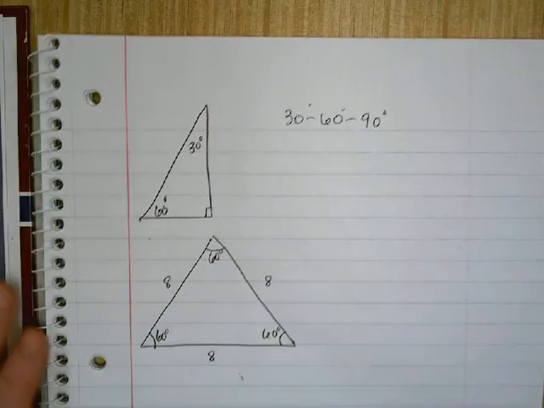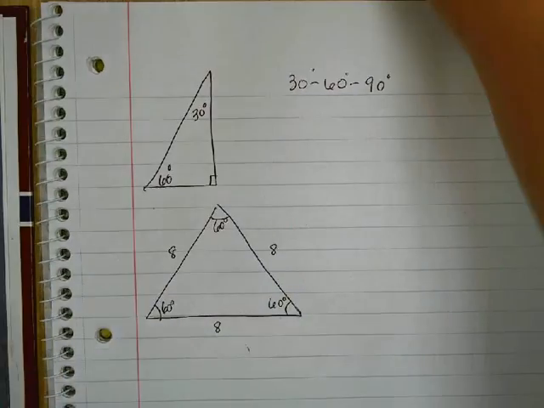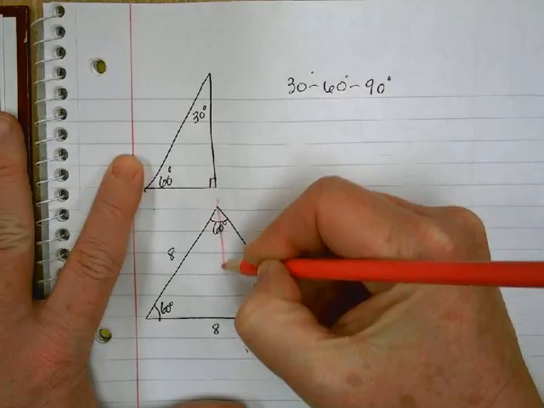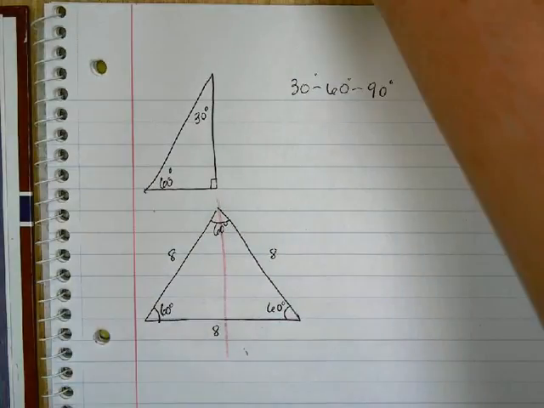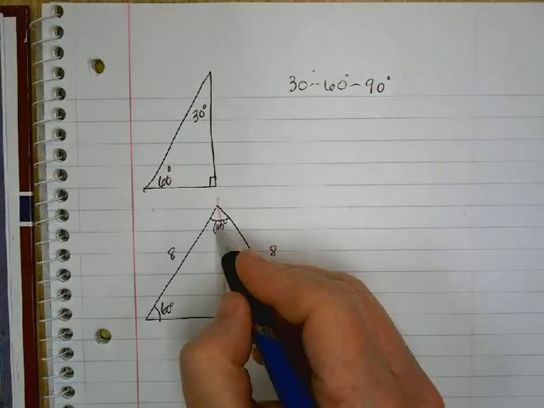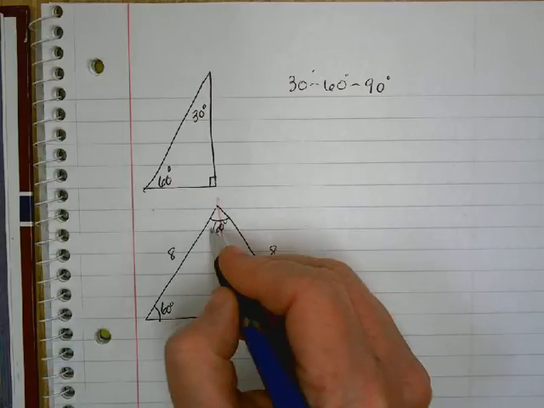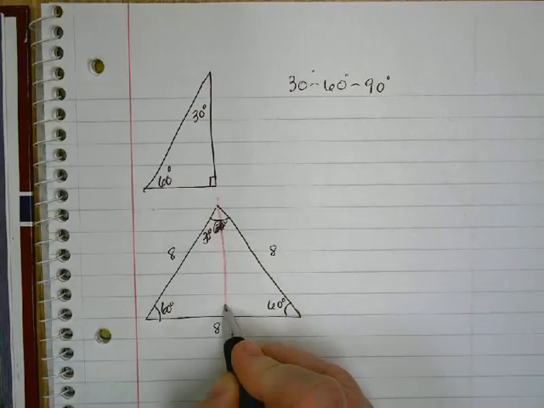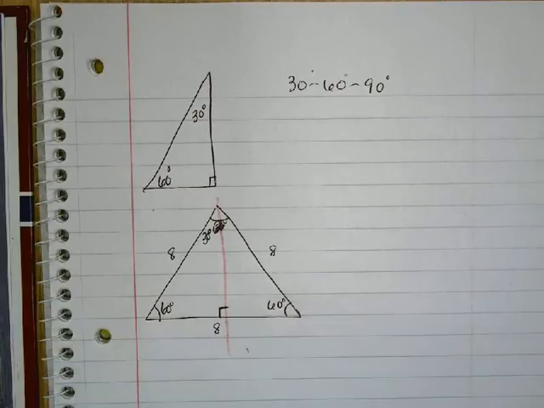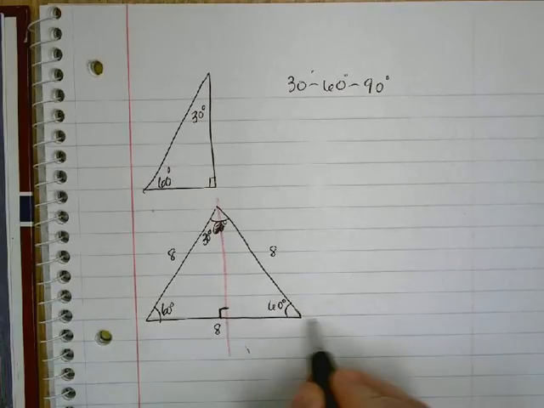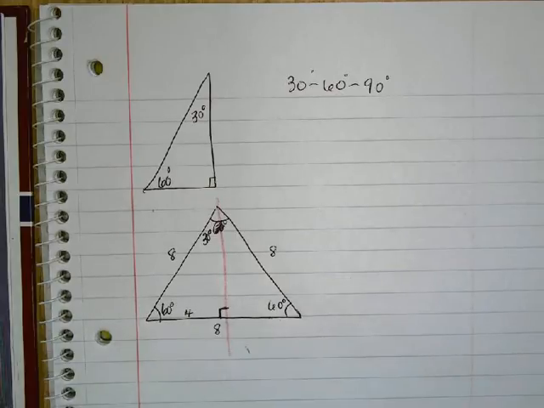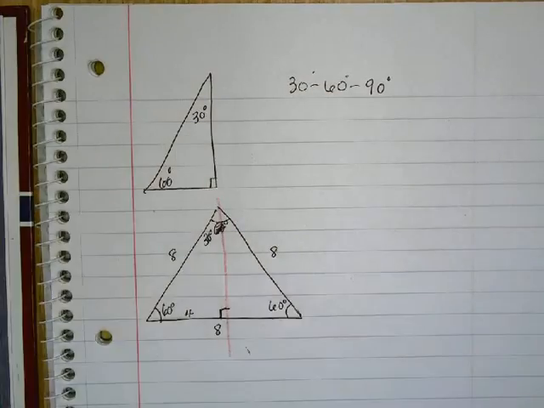Now, if I were to cut this triangle in half, then the little angle at the top that was 60 is now how big? 30. And this angle is 90. And this 8 went for the whole thing, so how big is this piece? 4. You see the picture here, 30, 60, 90 is half of an equilateral triangle.